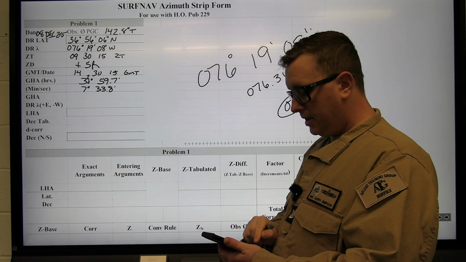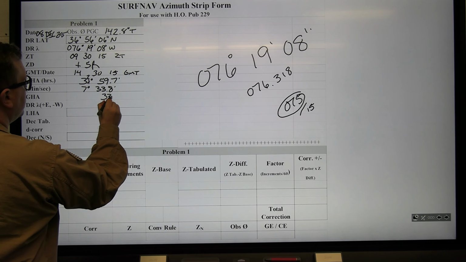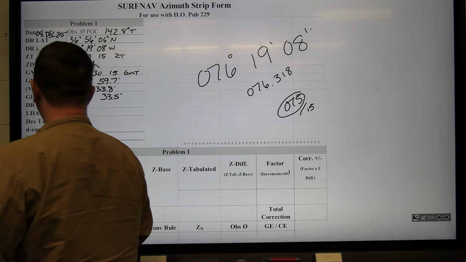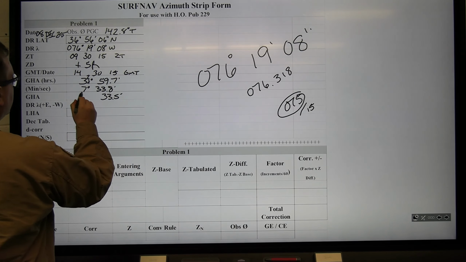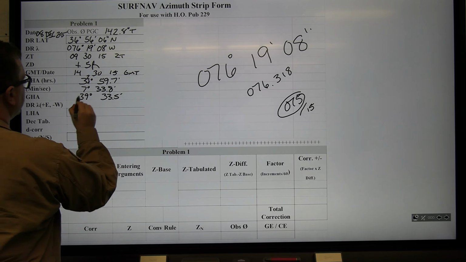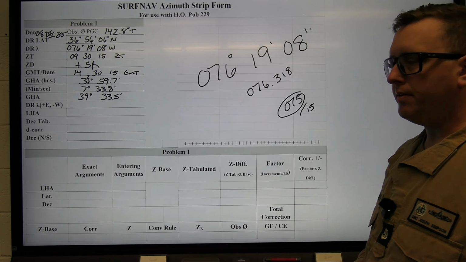So minus 60, our minutes is 33.5. We got 32 plus 7, 39 degrees. So our total GHA is 39 degrees, 33.5 minutes.